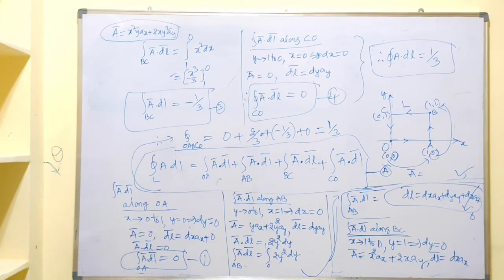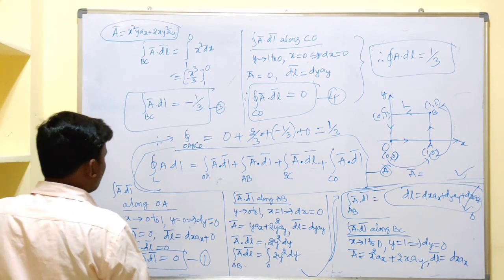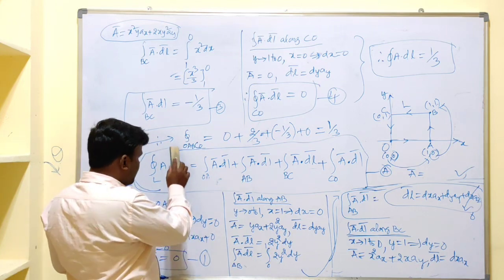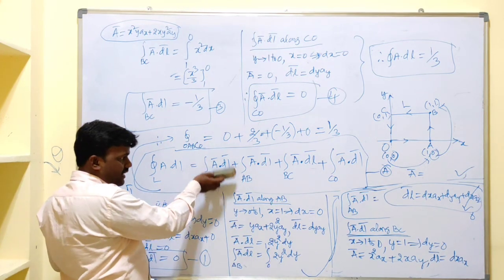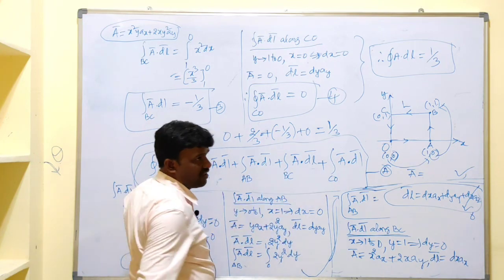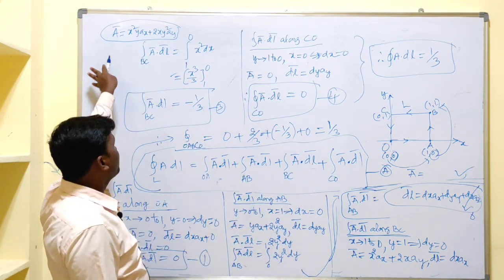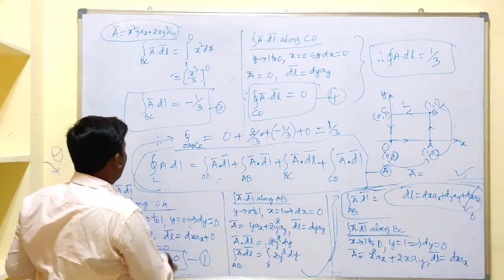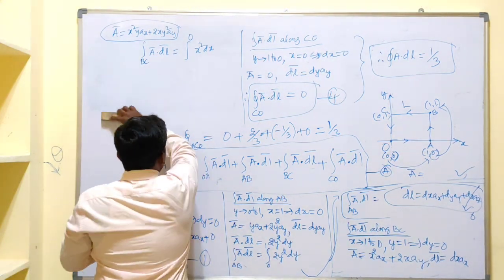This is all about calculation of the circulation of a vector A by splitting the closed line integral into open line integrals. Of course, this circulation of vector A can also be found by applying Stokes theorem.